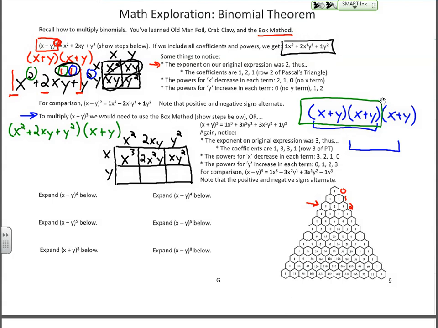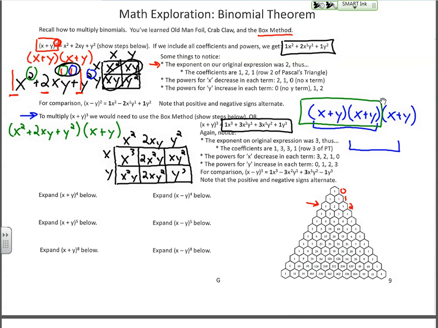Bottom row, x squared times y is x squared y. Y times 2xy is 2xy squared. And y times y squared is y cubed. And I have that expression with all the coefficients and powers written in over here.